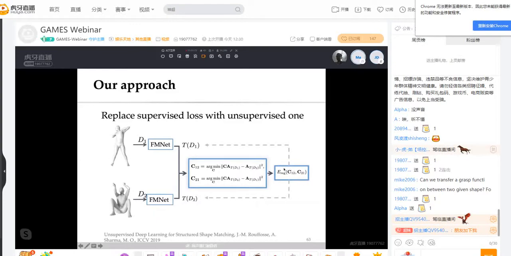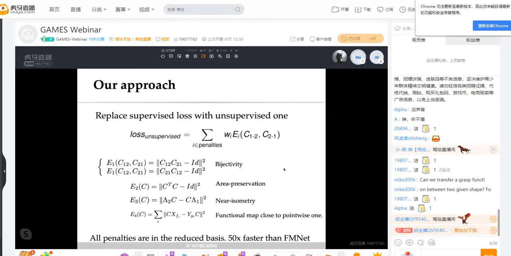What do we consider as the penalty for the functional map? In our case, we use a penalty that consists of 4 different terms. The first is the bijectivity. What's important here is that we use the 2 maps in 2 directions at the same time. And this actually helps a lot because it allows us to see how consistent these 2 maps are.